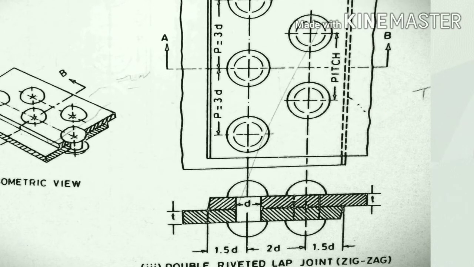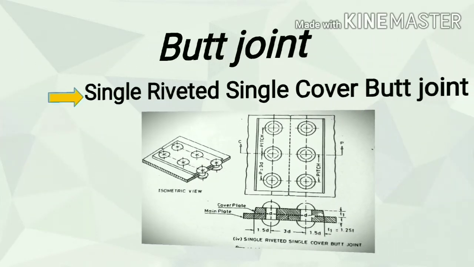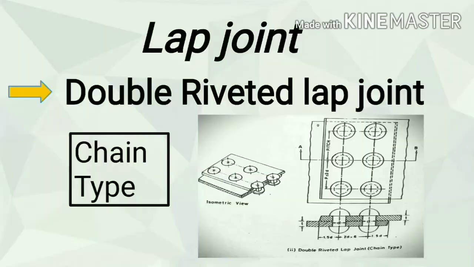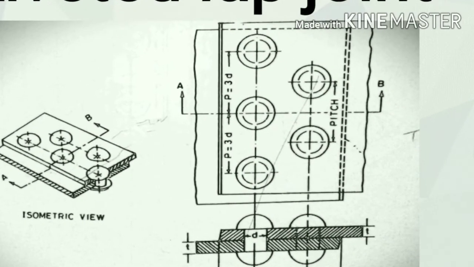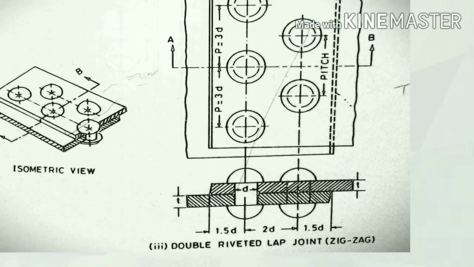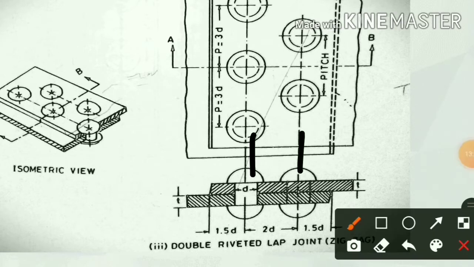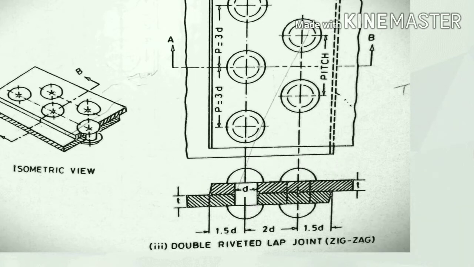One plate is above another. And one rivet, second rivet, you can notice here 2D. This distance is 2D, and from the edge to the center is 1.5D, similar on the other side. Double riveted lap joint, zigzag.